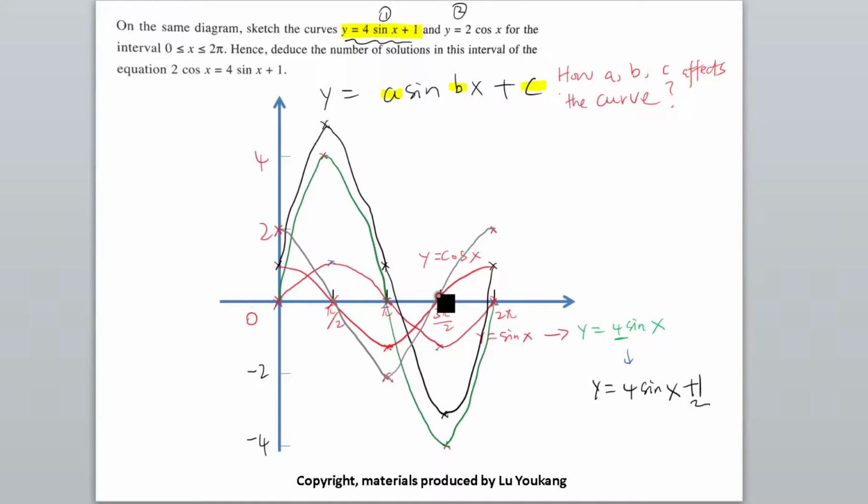Okay, so after I finish drawing this graph, I should label the graph. So now what I need to do is erase all the unnecessary graphs and just show the two curves we are asked to sketch.